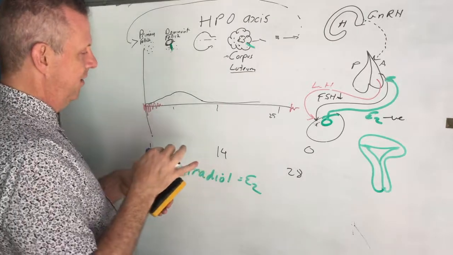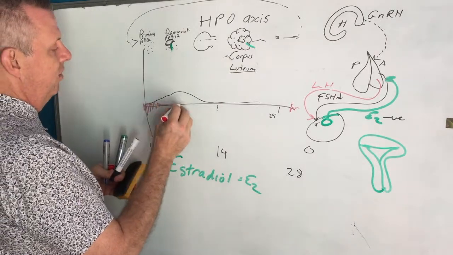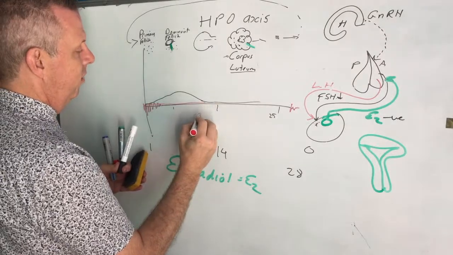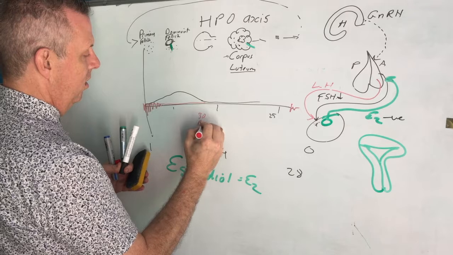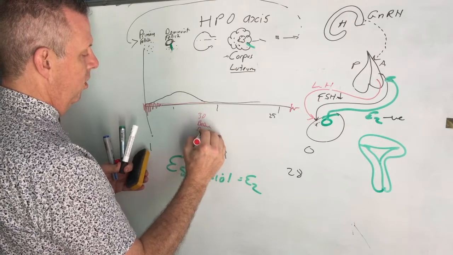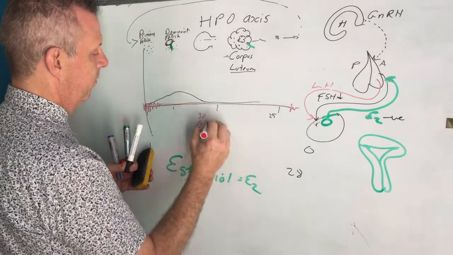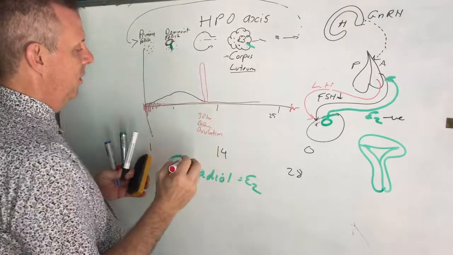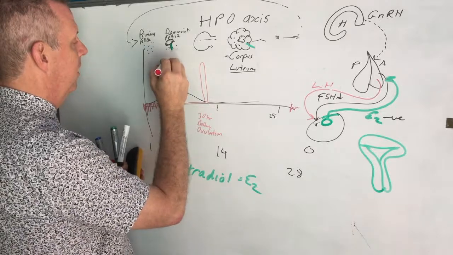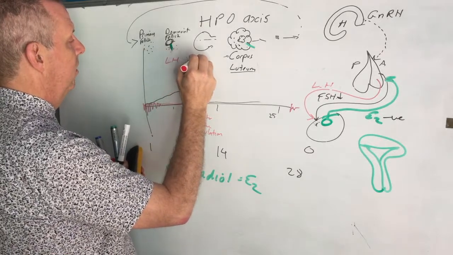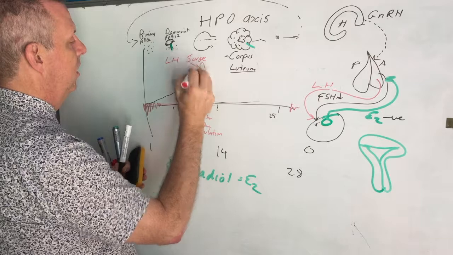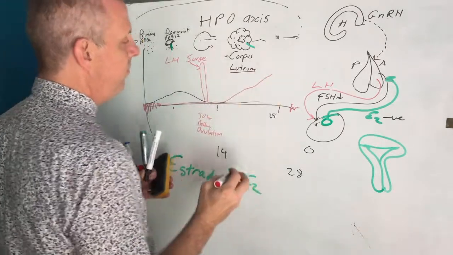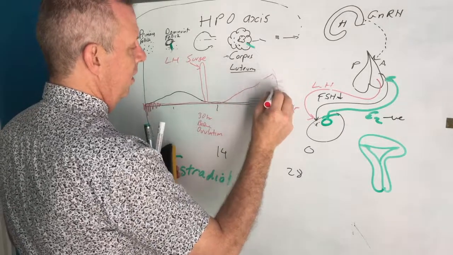If we look at LH, LH is pretty low during this stage, and then about 30 hours before ovulation, there's a peak. We call that the LH surge, and then it gradually increases during this part here, and then goes away.